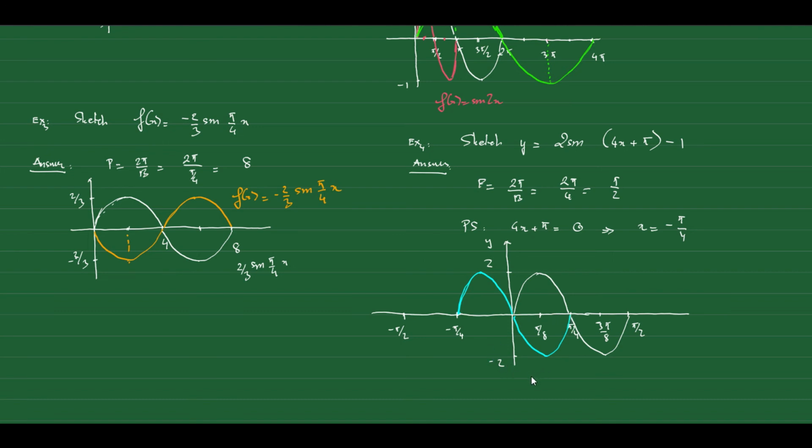This is nothing but y equal to 2 sine of 4x plus pi, and y1 is just y equal to 2 sine 4x.